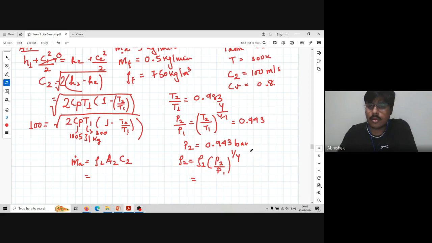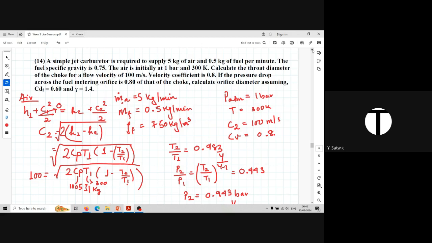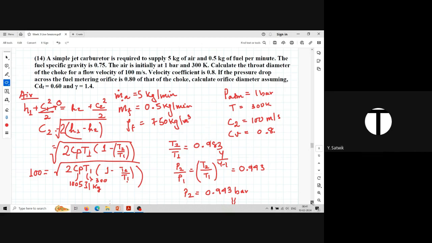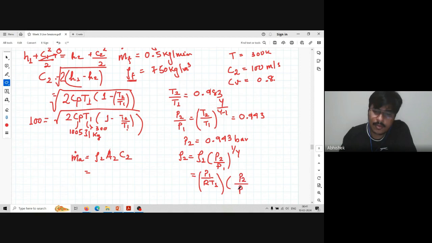Do we have rho 1 or not? The density 750 is for fuel, not air, so it is not given. You have to calculate it by P1 by RT1. Calculate how much you are getting for rho 2.